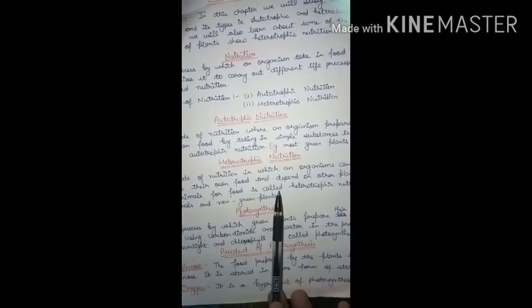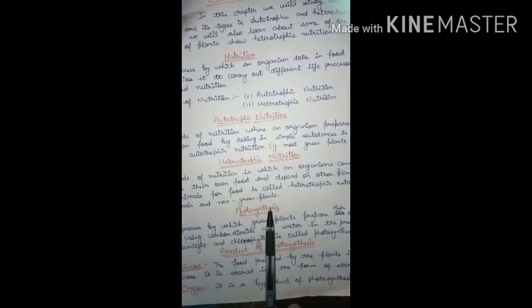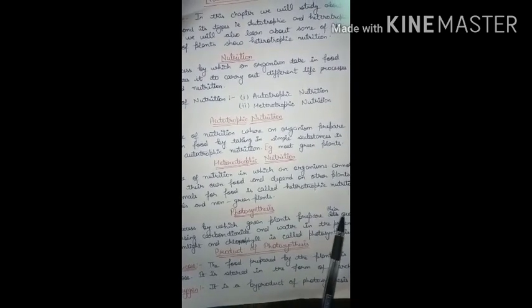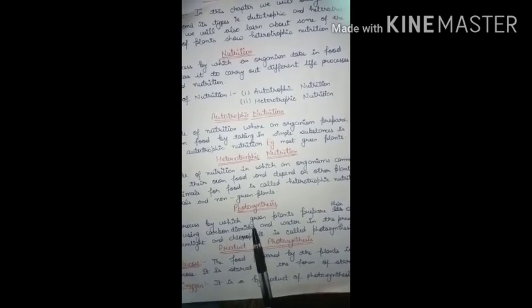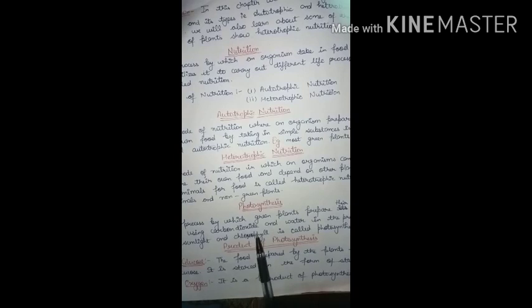Now to understand the autotrophic mode of nutrition, we have to first understand the process that is referred to as photosynthesis. Now what is photosynthesis? The process by which plants prepare their own food by using carbon dioxide and water in the presence of sunlight and chlorophyll is called photosynthesis.